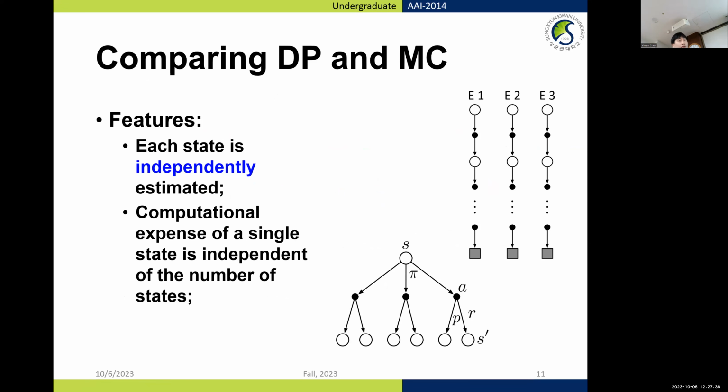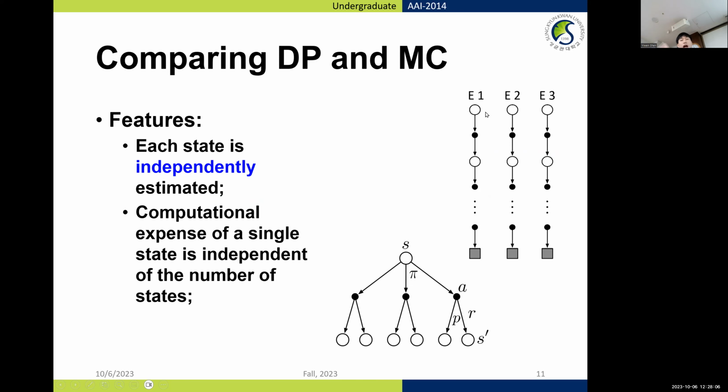So we compare DP and MC. In DP, we consider all the possibilities of the next states and update the state value. Because we have the model of the environment, the dynamics and the transition probability, we can use them to update. But in MC, we don't have the model or the transition probability.